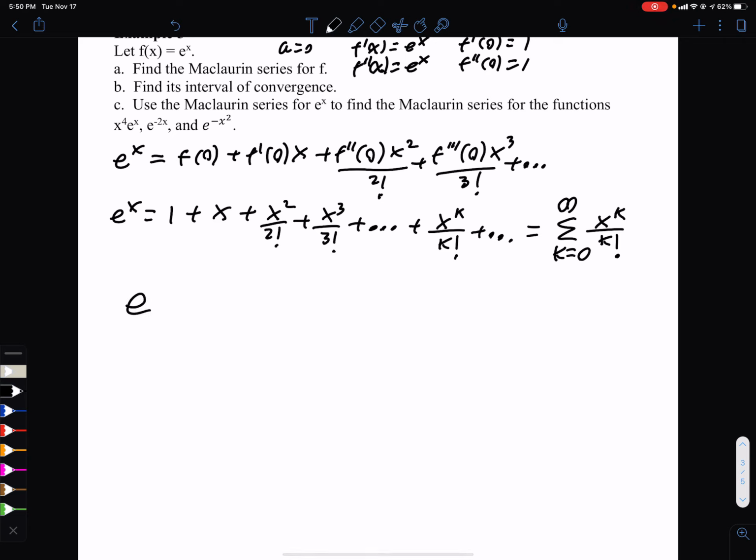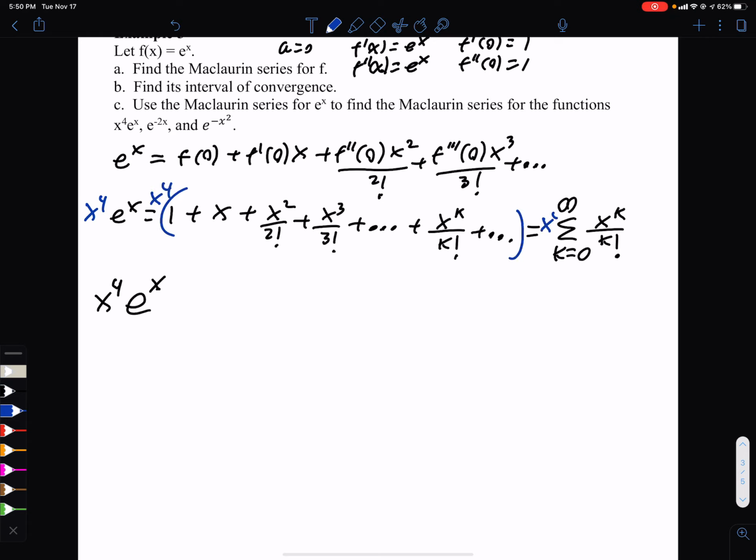If I want my function multiplied by x to a power, the rule says I just multiply my series by x to that power. And it's the same series with the same interval of convergence, so that doesn't change. So what do I do to get this? I need to multiply by x to the fourth. So I'm going to multiply both sides by x to the fourth.